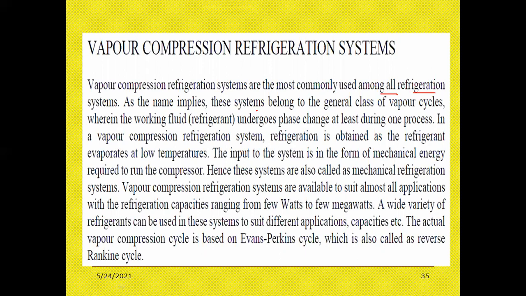The name says it is a general class of vapor cycles, where the working fluid is a refrigerant, that is freon 22. So in this vapor compression refrigeration system, we are using a working fluid called refrigerant. The names of refrigerants we will see in detail in Unit 3, but the general types of refrigerants are freon 11, freon 12, freon 21, 22, fluorocarbons, like this.